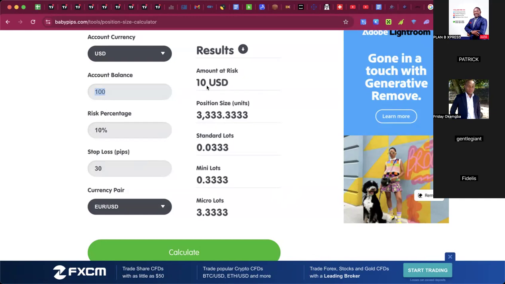The prop firm said your overall drawdown or loss should not exceed 10%, which means on 50K, 10% is $5,000. Then they say your daily drawdown or losses should not be more than 5%. For me, I would say not up to 5%, because the moment you hit 5%, you are cut off.